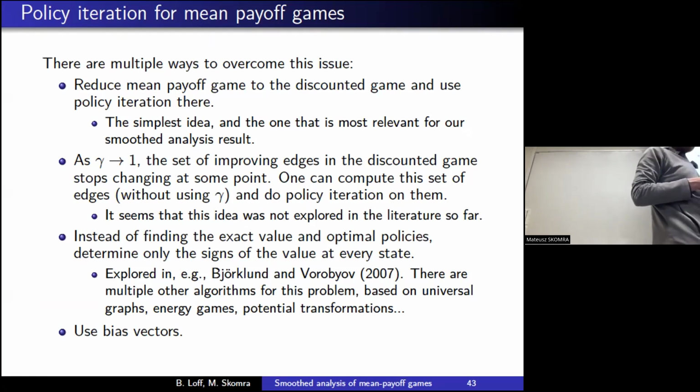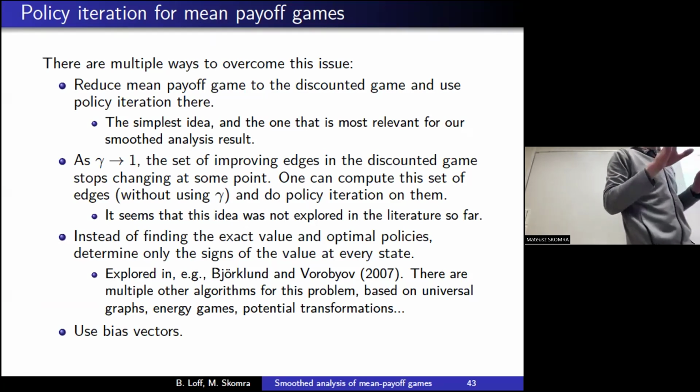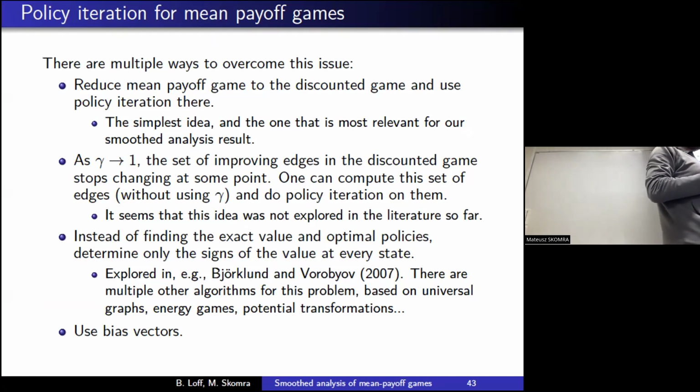There are people who studied a somehow restricted version. Instead of finding optimal policies, let us just find the policies that guarantee the correct sign of the value, right? You just want to find the states that have positive value, negative value, and 0 value. We only care about policies that guarantee that the value is positive if it can be positive. So it's not optimal, but at least it gives you the correct sign. If we do that, then there is some other policy iteration method that you can do.